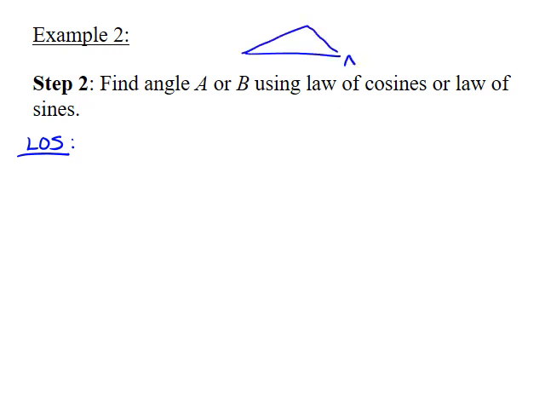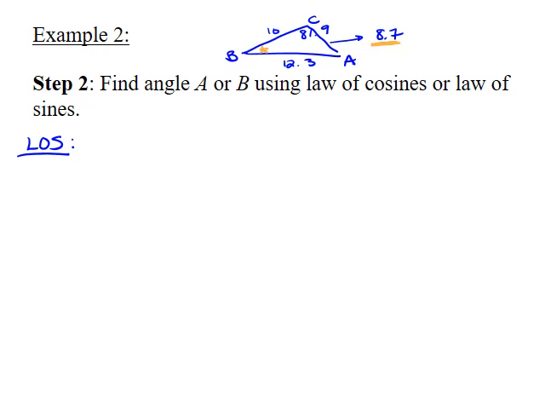So let me just sketch this picture one more time. So this is 81.9 we just found. This side is 8.7, 12.3, and 10. Okay, so if I'm going to use the law of sines, I know that angle B is across from the shortest side.